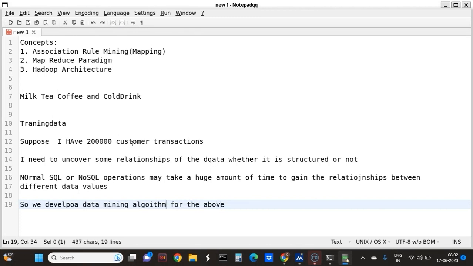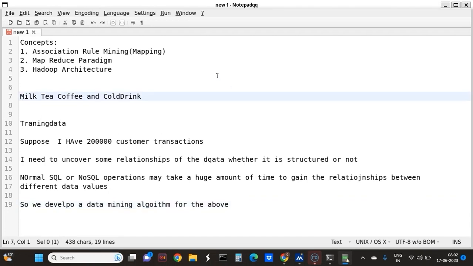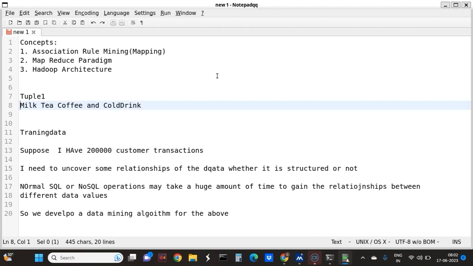So now we just go through it again. First concept is association rule mining, then the MapReduce paradigm, then Hadoop architecture. So this is the example of a train tuple one. And here is tuple two.